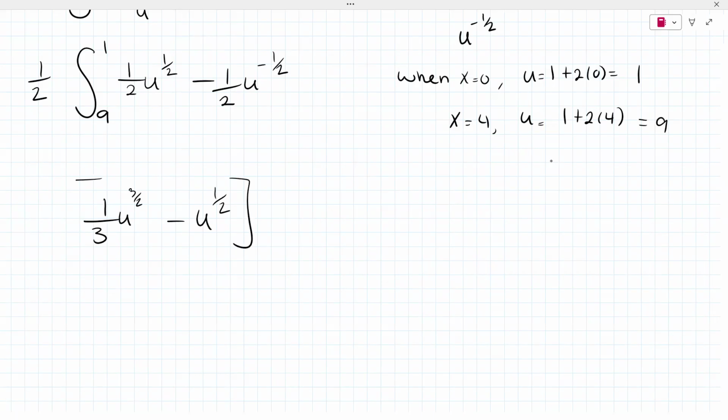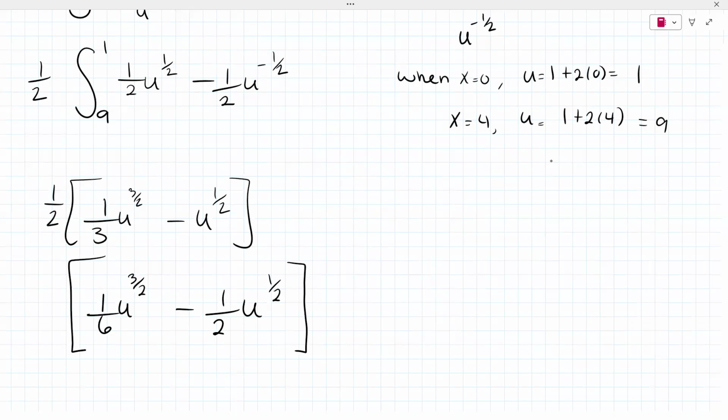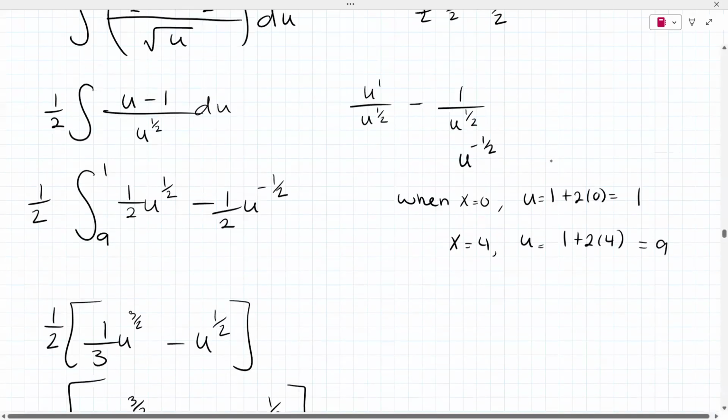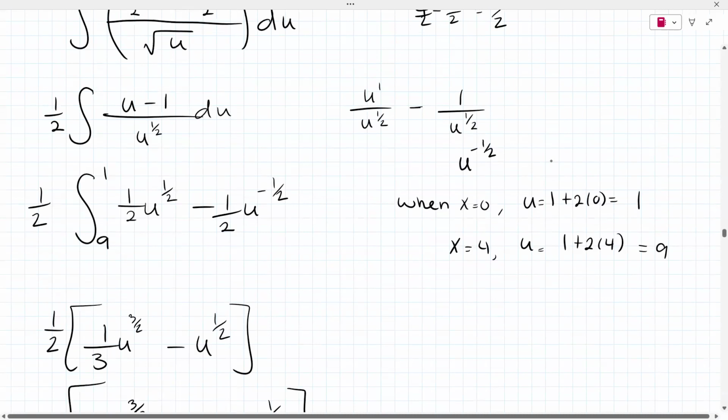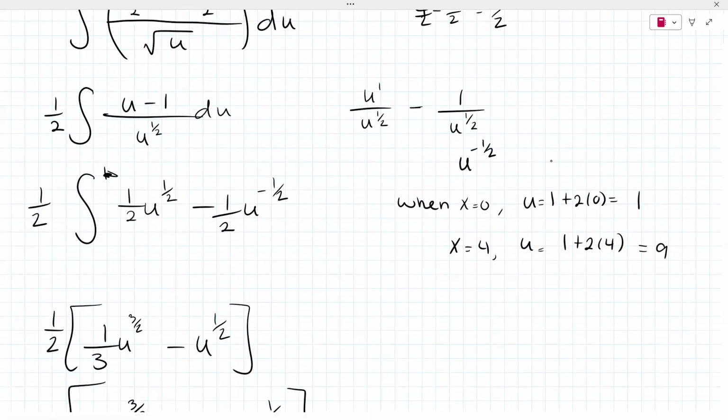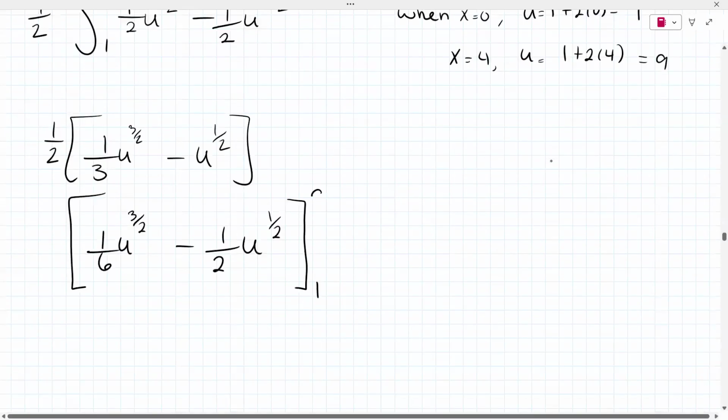Then we factored out a 1/2, so that gives you 1/6 u to the 3/2 minus 1/2 u to the 1/2. Then you apply the boundaries, upper and lower. This should be 9 here and 1 there. It's upper minus lower, so this is 1 to 9.